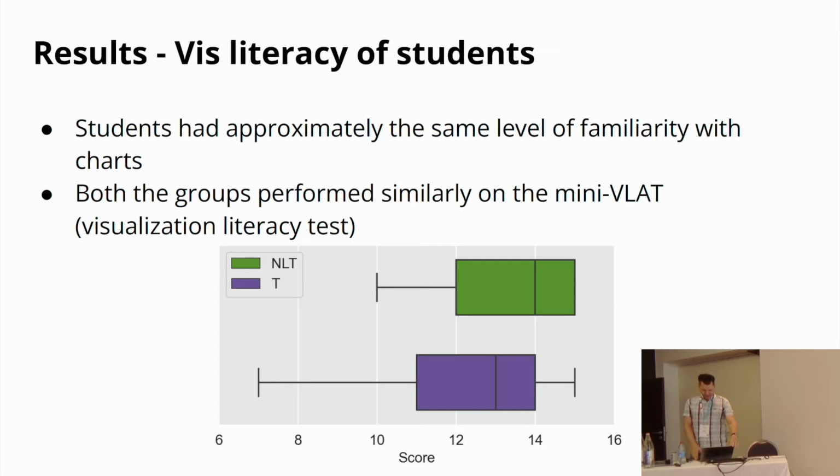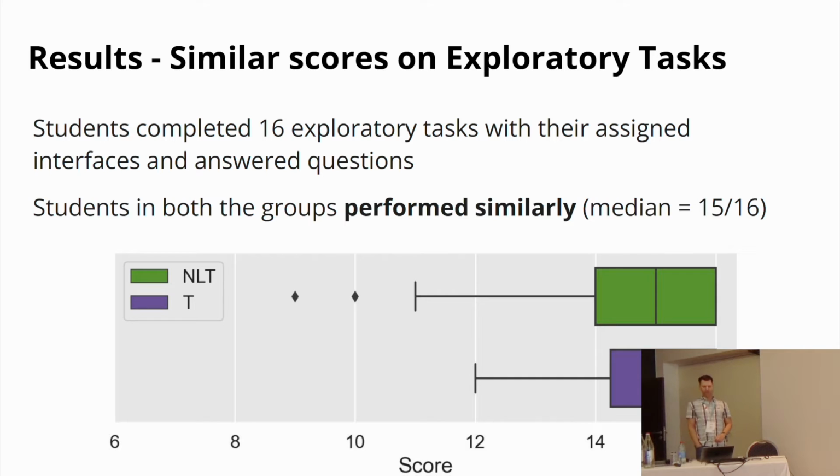Here are some of the results. For the pre-tests, students had approximately the same level of familiarity with the charts. So they both performed similarly on the mini VLAT test. The median for the NLT group is 14 out of 16, and the median for the T group is 13 out of 16. Both groups got similar scores on the exploratory tasks that they were given.